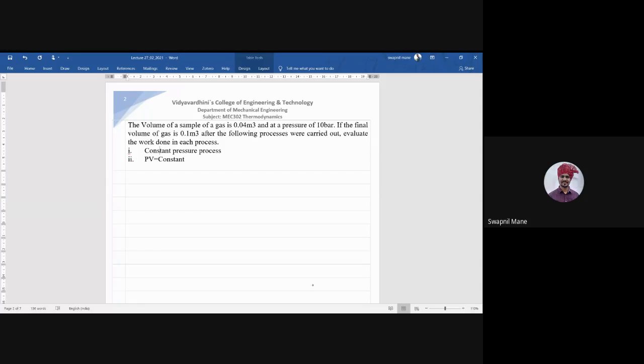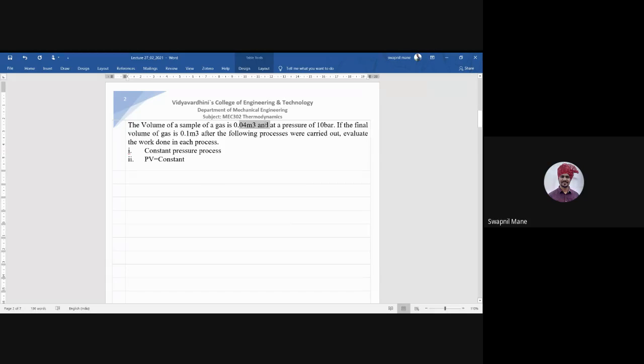Volume of a sample of gas is 0.04 meter cube at a pressure of 10 bar. Now you know 10 bar is nothing but 10 into 10 raised to 5 Newton per meter square or Pascal. If the final volume of the gas is 0.1 meter cube.